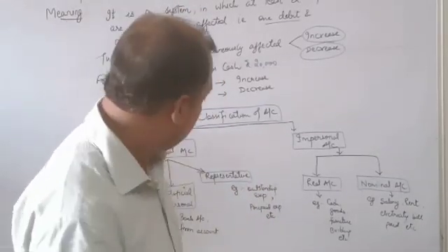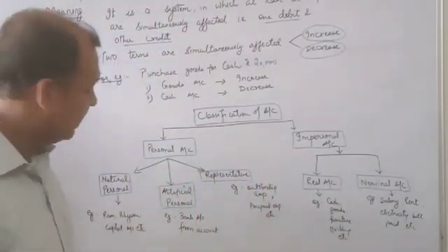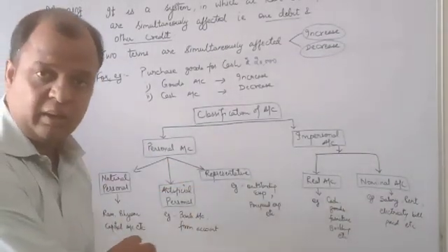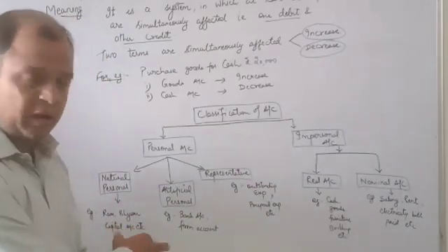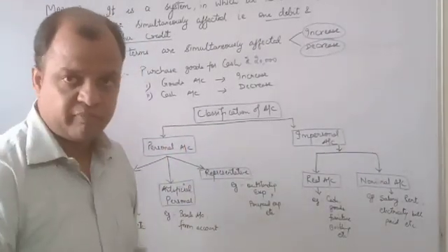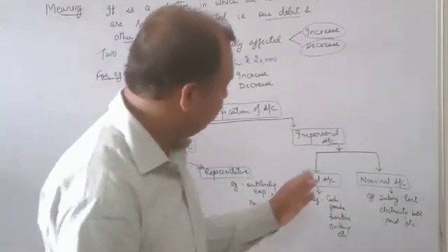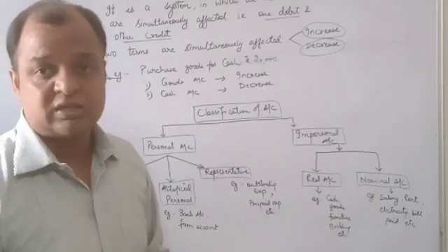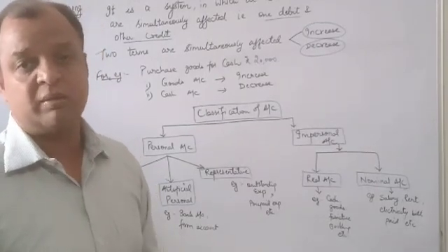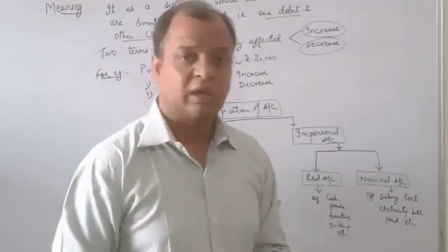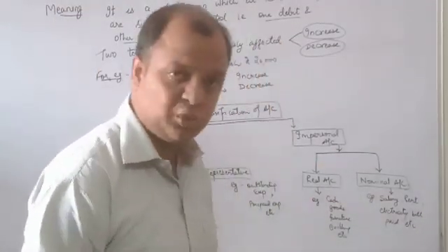So I am concluding at last, personal accounts are individual identity, might be natural, might be artificial, might be representative. Real accounts are classified into the assets or the properties of the business which are being converted into cash or realizable into cash through business use.